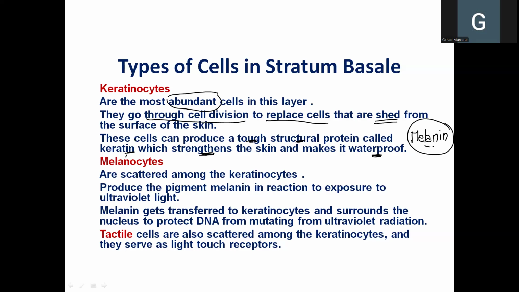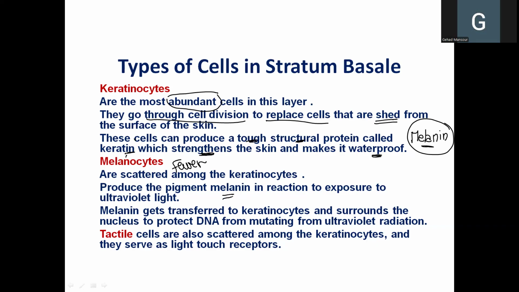This is very important. Keratinocytes are pigmented, but the pigment is not produced inside them, but comes to them from the melanocytes. The melanocytes are scattered among the keratinocytes, but of course they are much fewer than the keratinocytes.